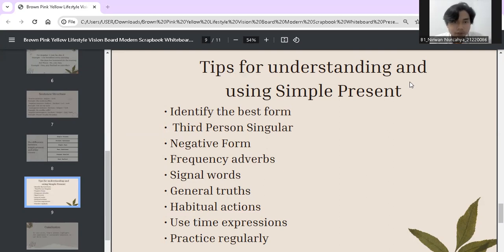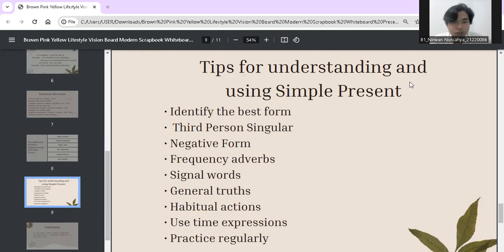For identifying the base form, understand the base form of verbs, like eat, work. In the simple present, the base form is used with most subjects except the third person singular, he, she, it, where an s is added to the verb.